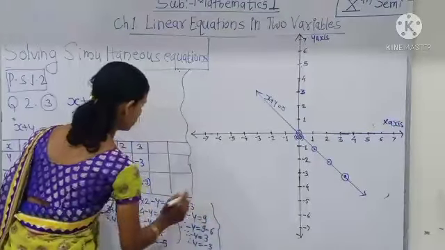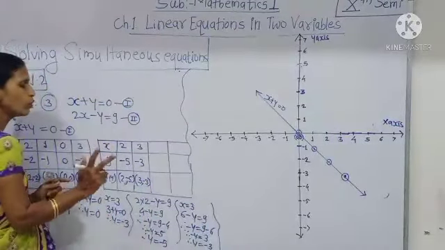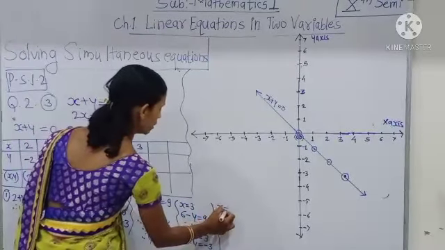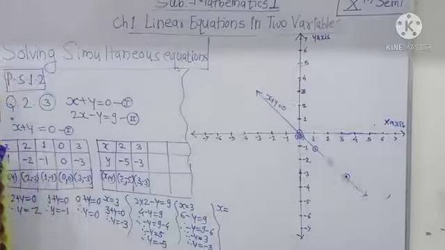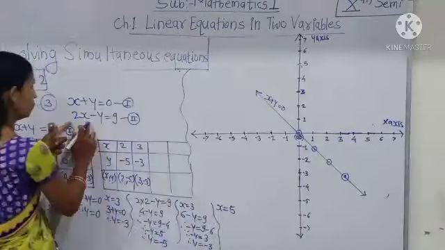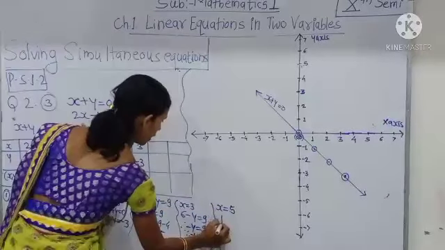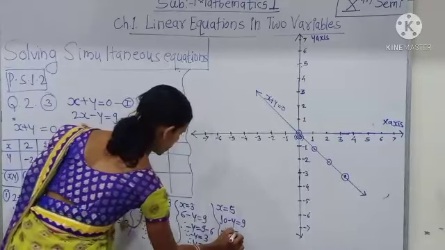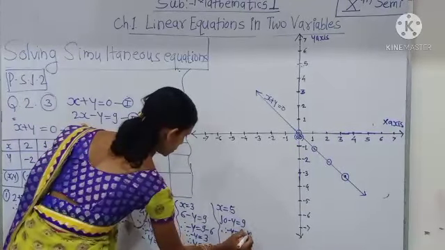Similarly, we can get 2 more ordered pairs. If the value of x is equal to 5, then 5 into 2, 10 minus y is equal to 9. Therefore, minus y is equal to 9 minus 10.